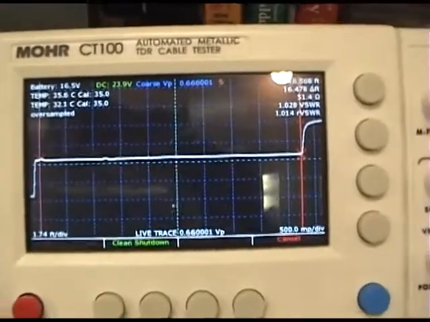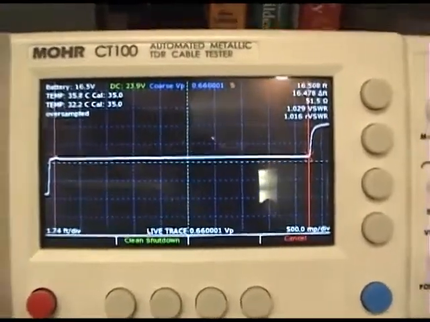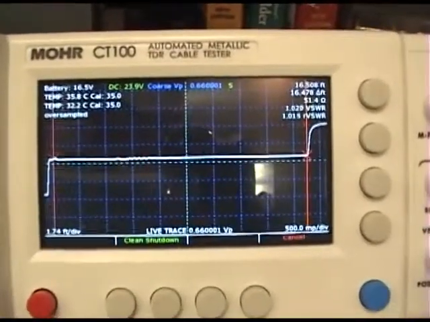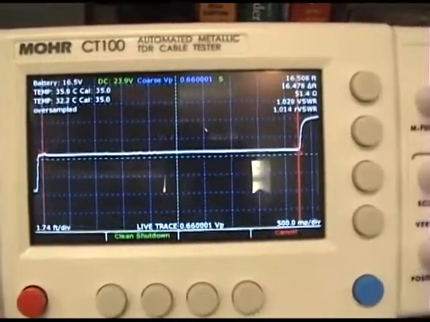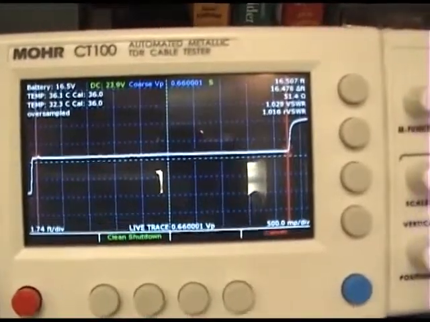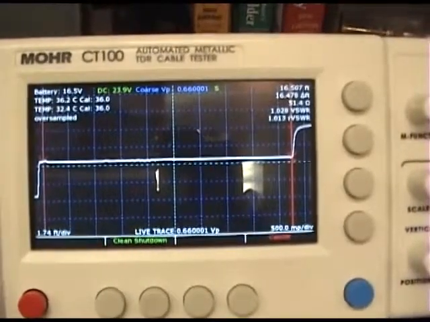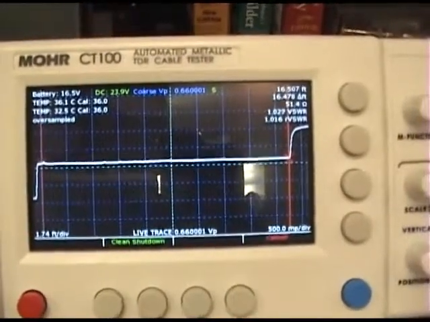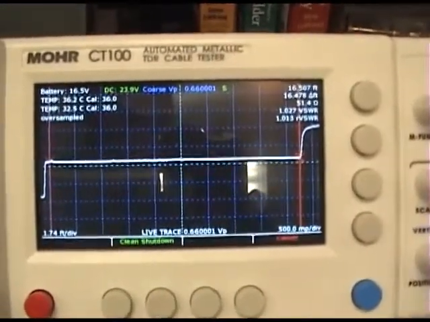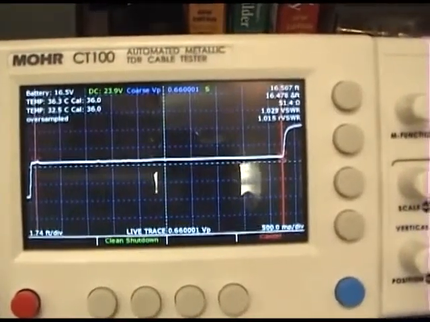So the TDR is definitely more accurate than the scope, but the calculation is pretty accurate, within a few inches. You probably don't want to use a scope as a TDR for extremely large runs, as your error will increase.